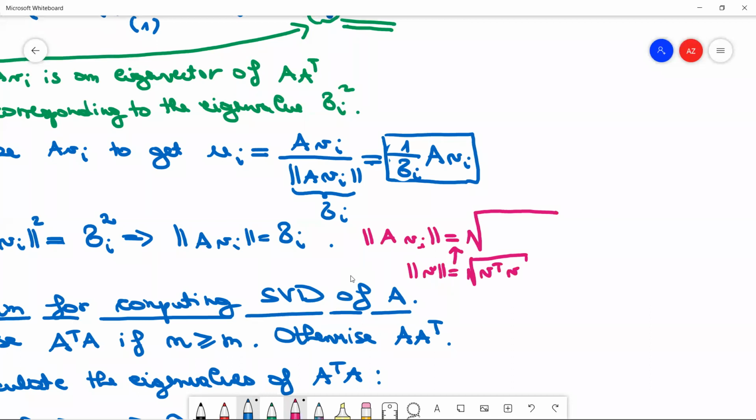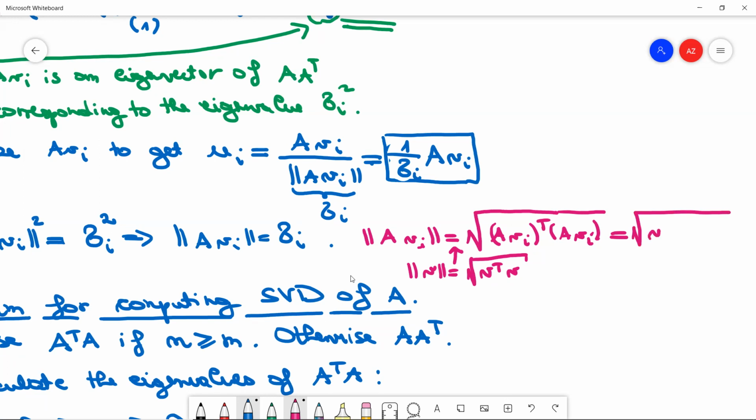So the norm of AVI is the square root of AVI transpose AVI. And now again, transposing changes the order, and it's just the product of transposes.